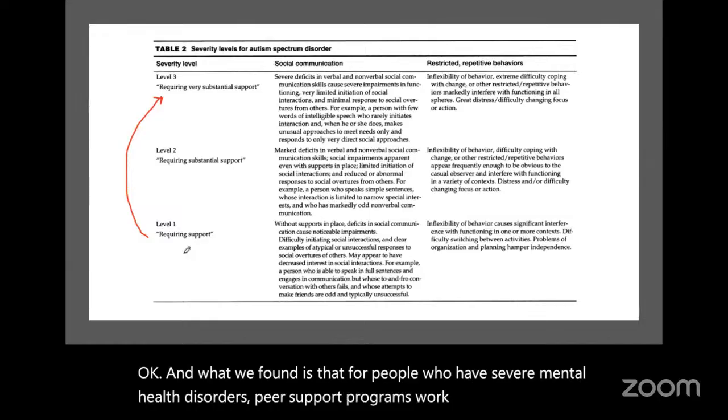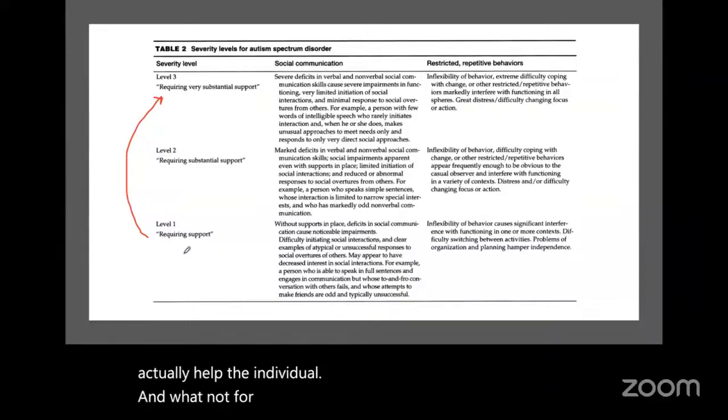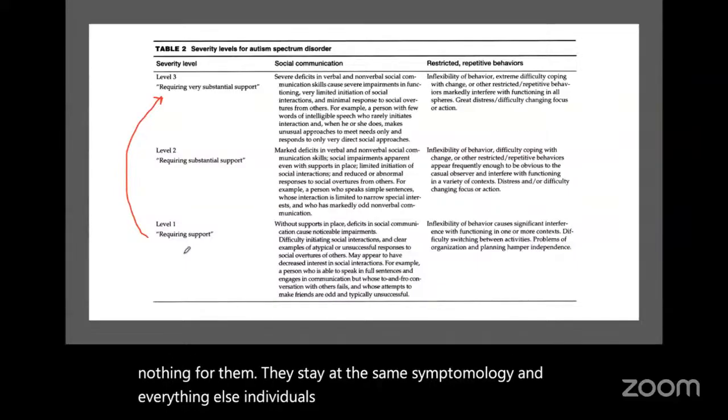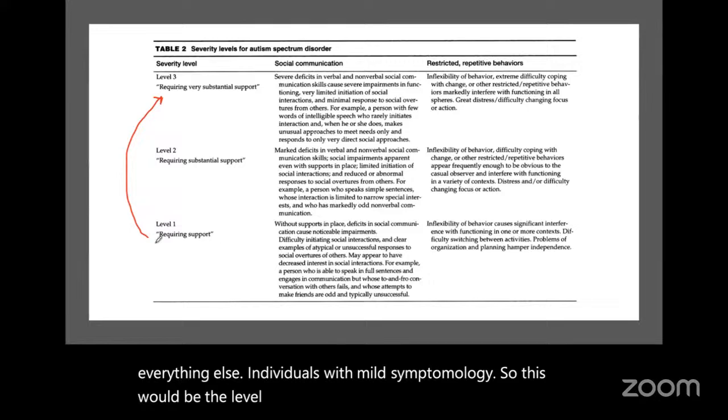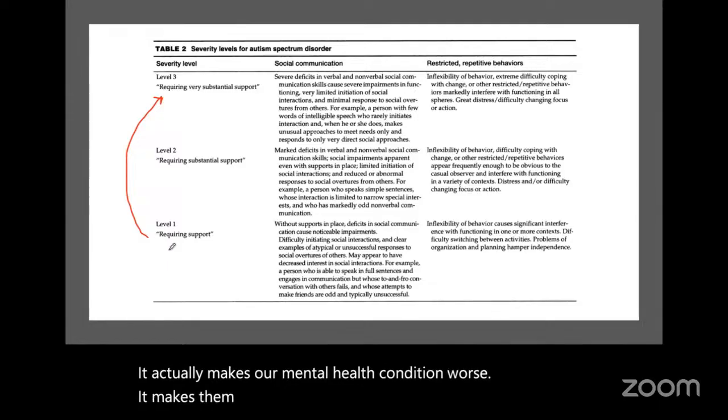They actually help the individual. For people with moderate mental health issues, it does nothing for them. They stay at the same symptomology. Individuals with mild symptomology, the level 1 in the example of autism, actually get worse. It makes them have more severe symptomology in a peer support program.